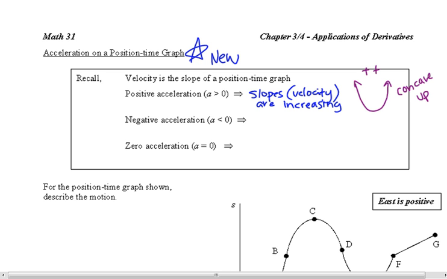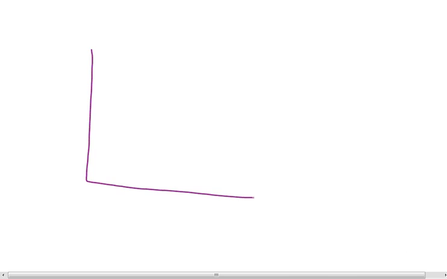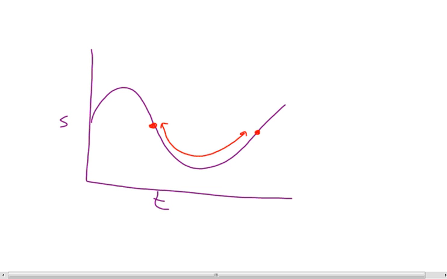Okay, so if we have a position time graph, when does our graph have positive velocity? From this point to this point, it's kind of going down. I would say from this part here to here, our acceleration is positive because the slopes are increasing.